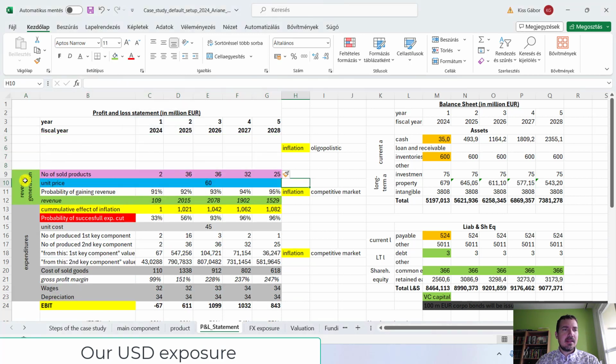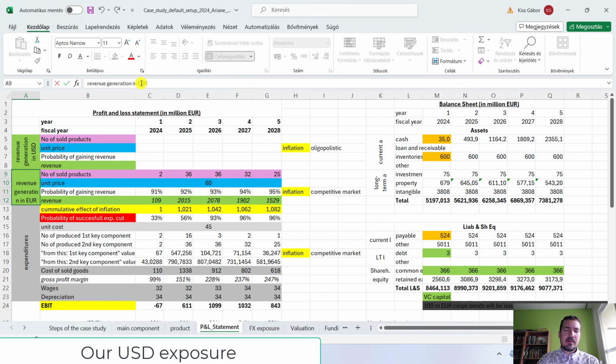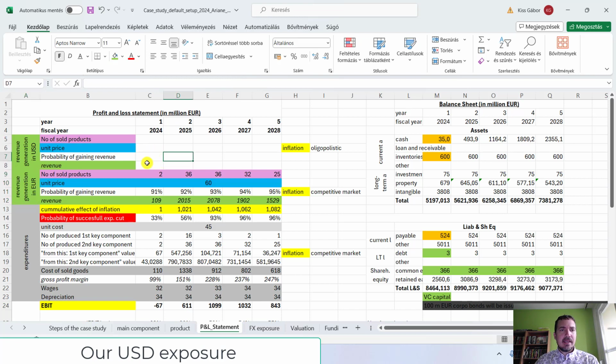Let's clone all of this. So revenue generation in USD, revenue generation in Euro. Okay, so obviously this year nothing will happen.